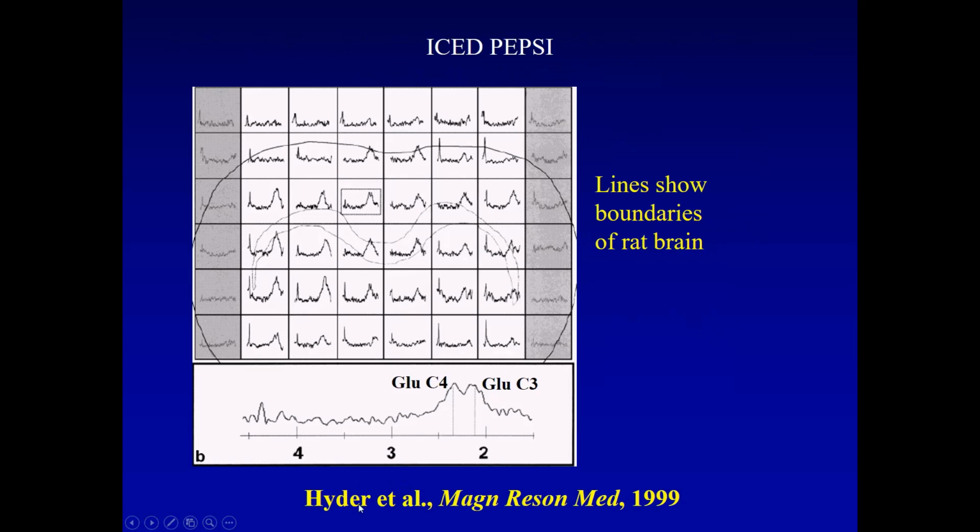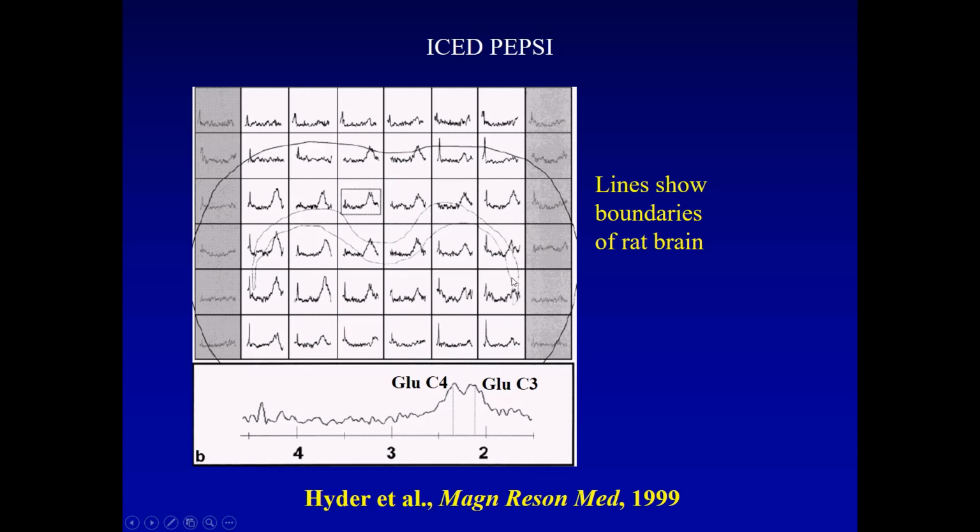So this is from a paper published by Famid Haider in the Yale MR Center back in 1999. He has an outline of the rat brain, cross section, and the echoplanar spectroscopic image over that brain. And he zooms in.